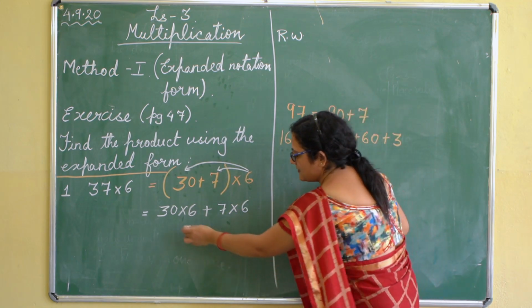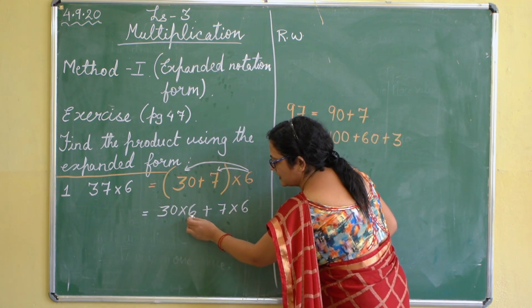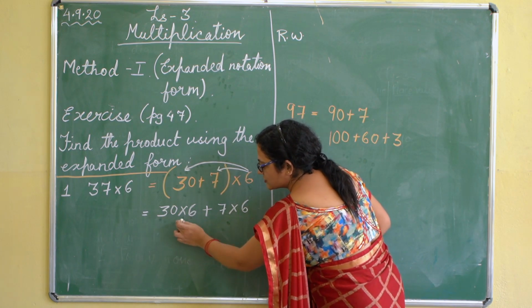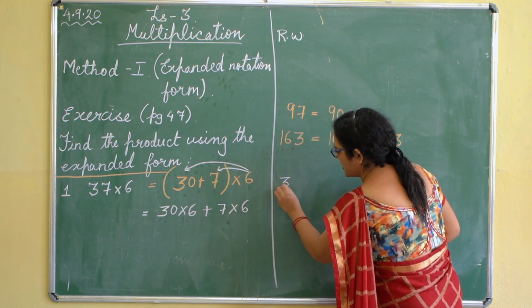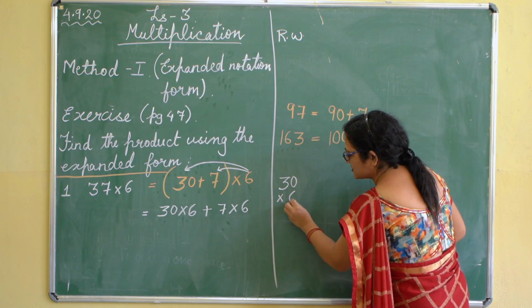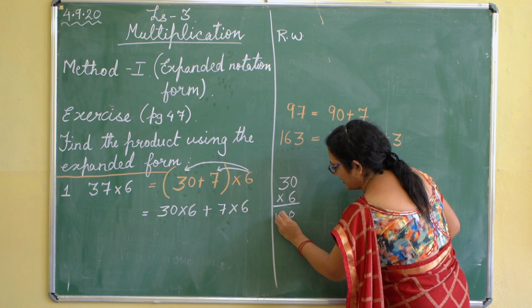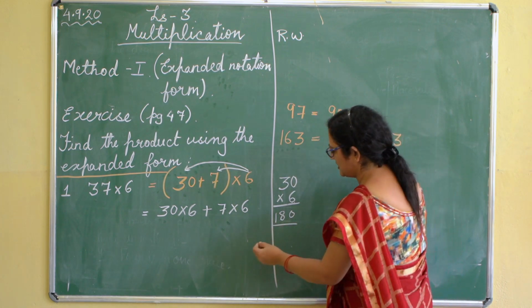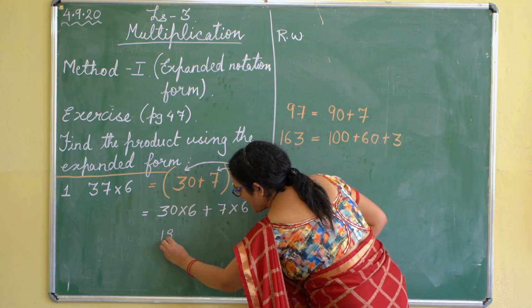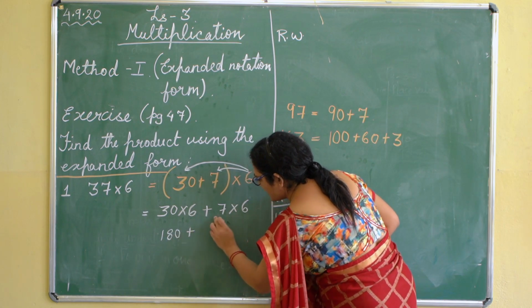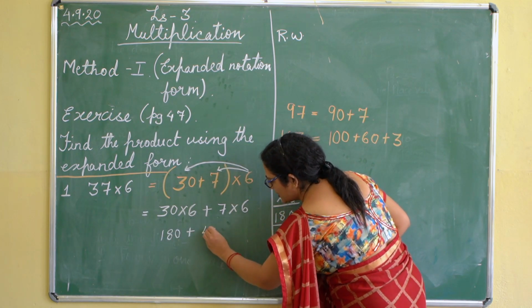30 multiplied by 6, how do you multiply? 30 into 6. In the rough work column, you can do it like this also. 6 zeros are 0, 6 threes are 18. So 30 into 6 is 180, plus 7 sixes are 42.